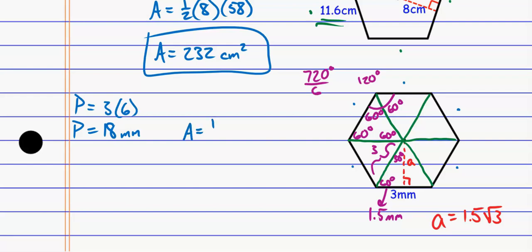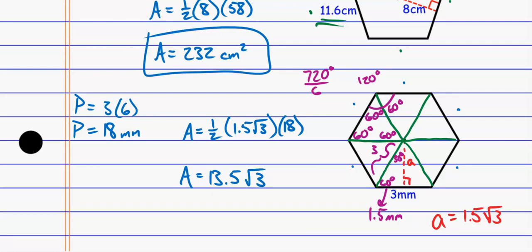So area equals 1/2 the apothem times the perimeter, which is 18. Okay? And so if I asked for this in exact terms here, it would be 1/2 times the 18 times the 1.5. So just multiply the stuff on the outside. So 13.5 and then a root 3.